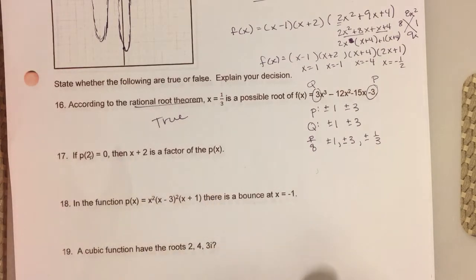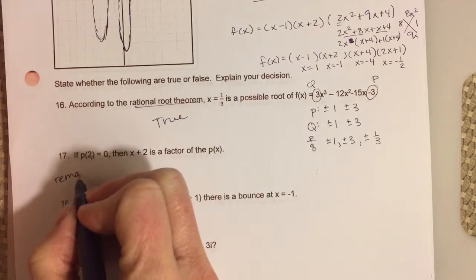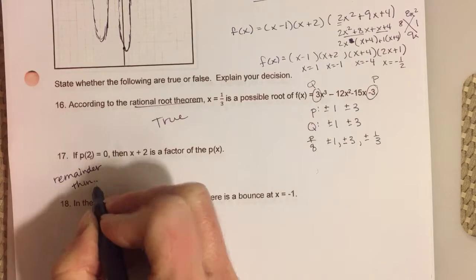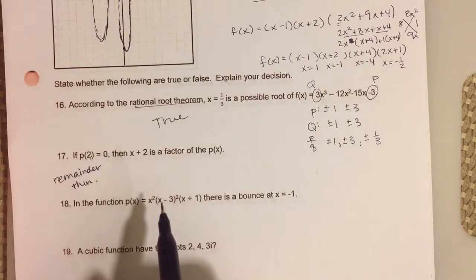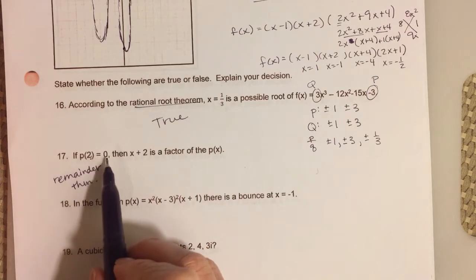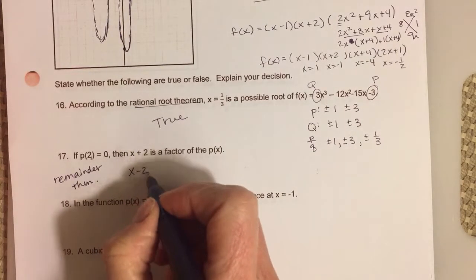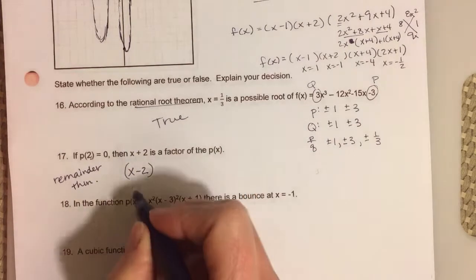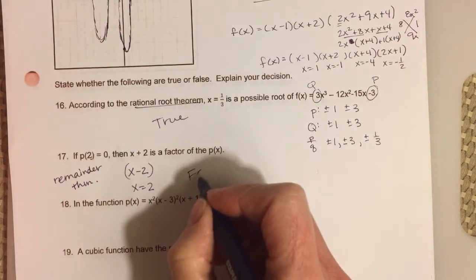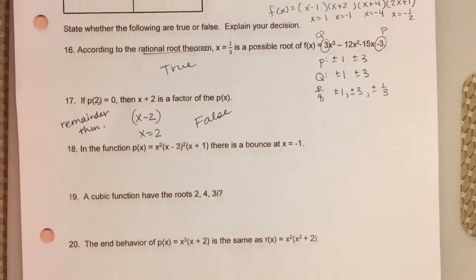It's also telling me, because of the remainder theorem, that if I do synthetic division on this polynomial with a root of x equals 2, I'm going to get 0 as my remainder. Therefore, x minus 2 is my factor. x equals 2 is my root. So this is false. It would be x minus 2 that would actually be my factor.